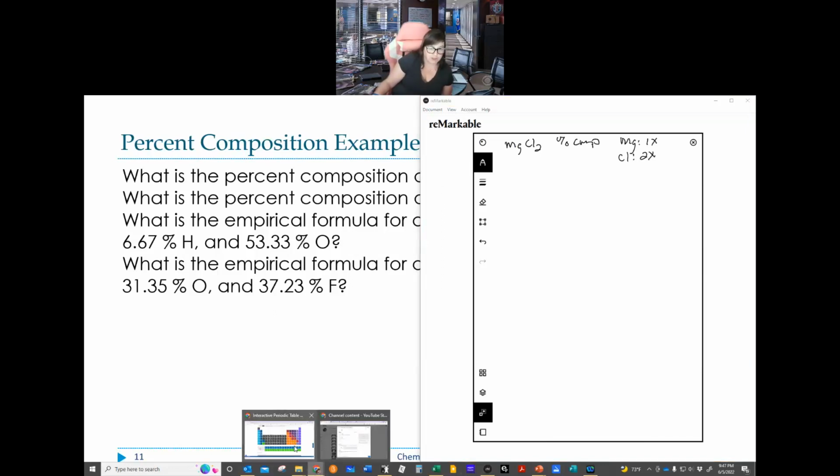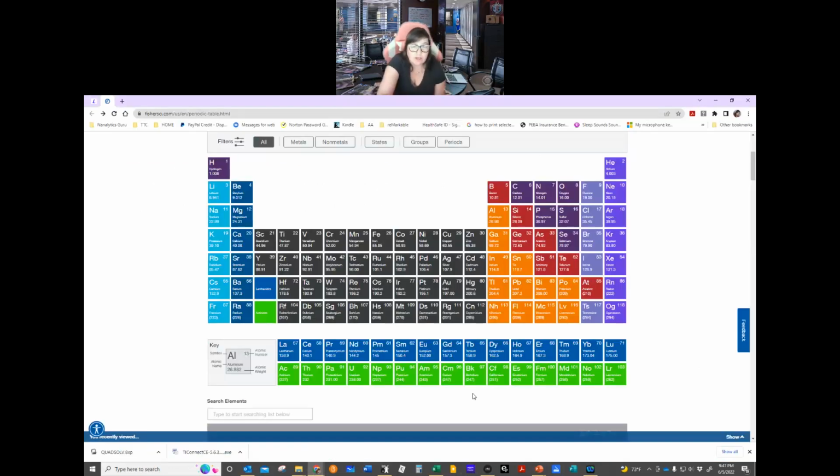And I pull up my periodic table to do that. I have 1 mole of Mg in this. Mg is 24.31 grams per mole. And my Cl is 35.45 grams per mole.